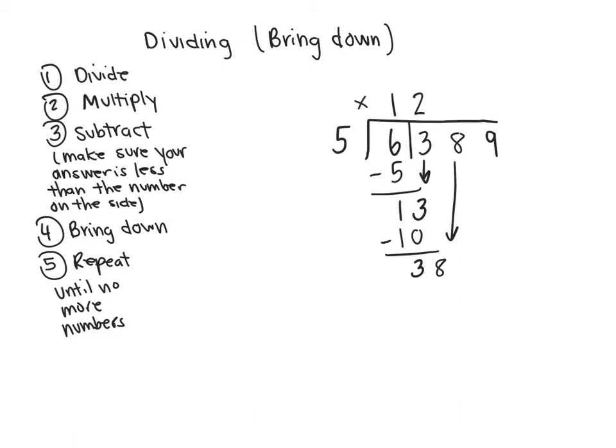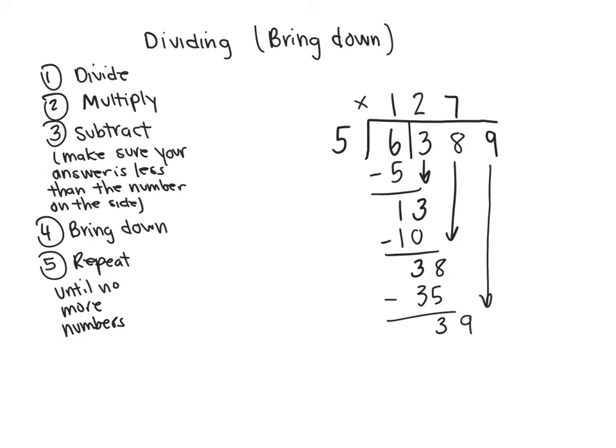All right, so now I'm dividing. 5 into 38. 5 goes into 38. The closest is 7. Multiply. 7 times 5 is 35. Next step, subtract. 38 minus 35 is 3. My number is less than the number on the side. And then I'm going to bring down again.